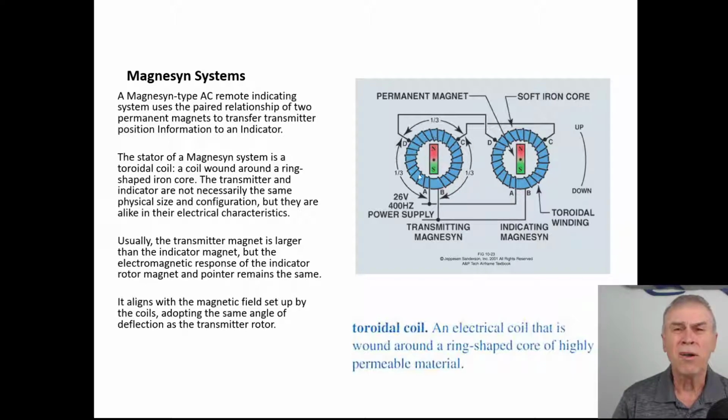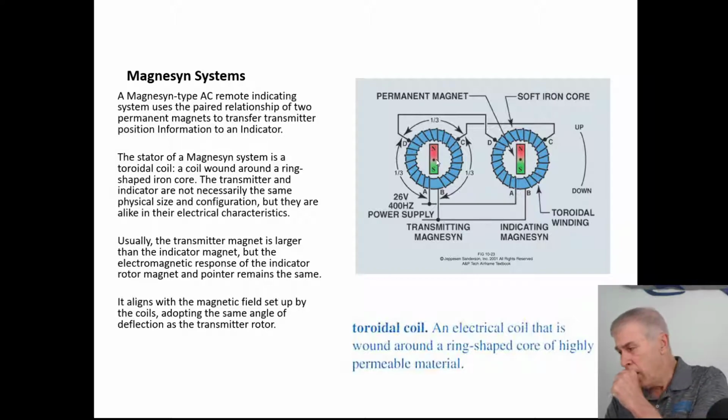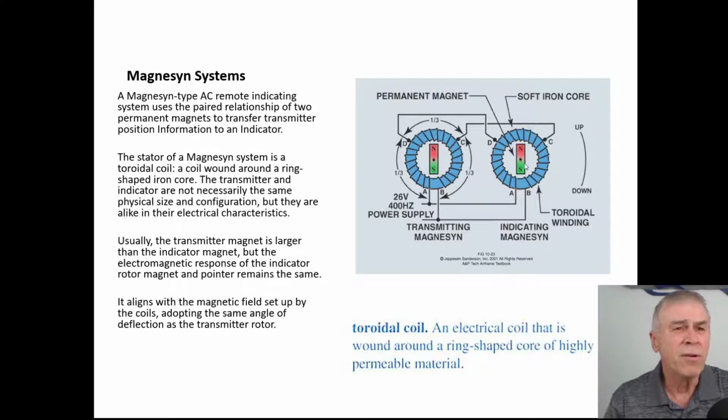The outside magnet, the toroidal coil, is attached to electricity, so its magnetism changes based on the input. So in this case, the permanent magnet is turned, which causes this magnet way over here to turn, almost by magic.